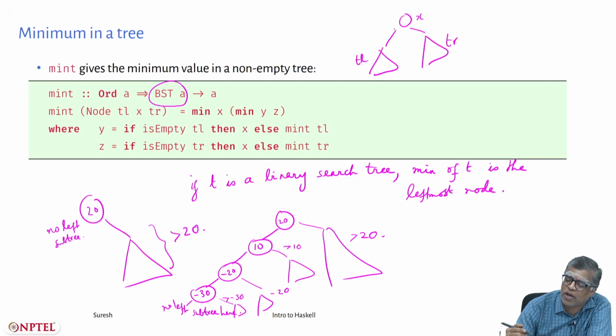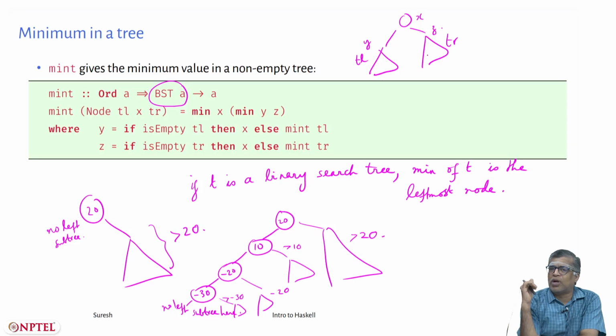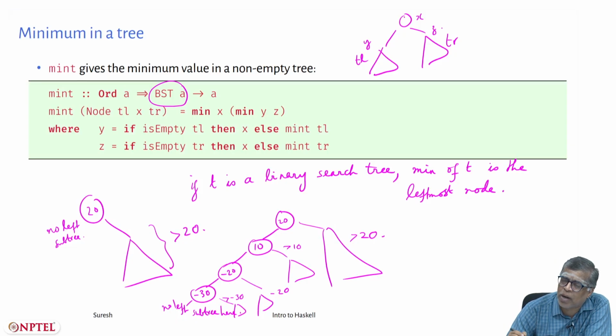Suppose recursively I find the minimum of TL, call it Y. Recursively I find the minimum of TR, call it Z. But there is a problem, your TR could be empty. If the TR is nil, then there is no element at all. If TL is empty, again there is no element at all. But you know that there is some element in the tree, namely X.